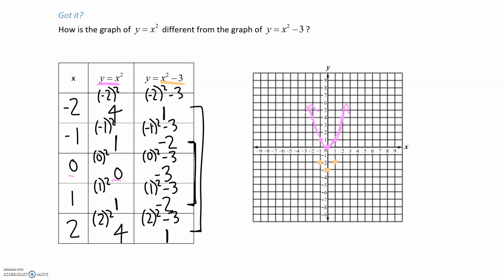Okay, and then if we go over 2, we're going to go up 1 and graph it. And if we go to -2, we're going to go up 1 and graph that as well. So if you notice, it should be the same shape. We've just translated it down the graph by 3 units. Okay? So that should be it for this section.